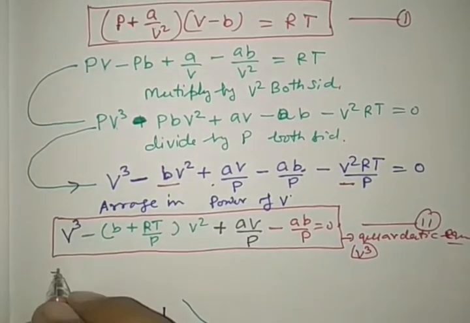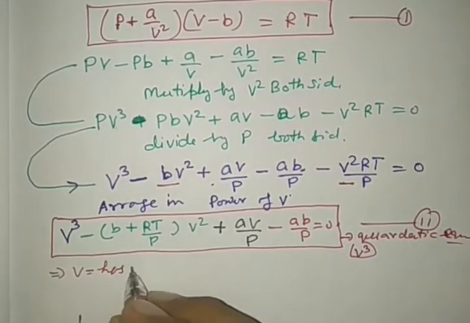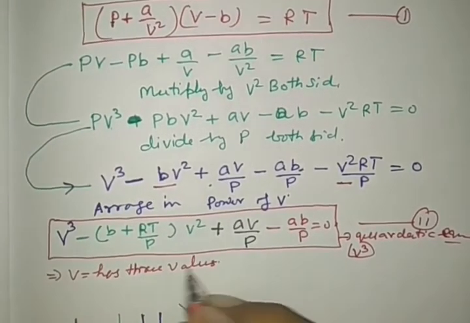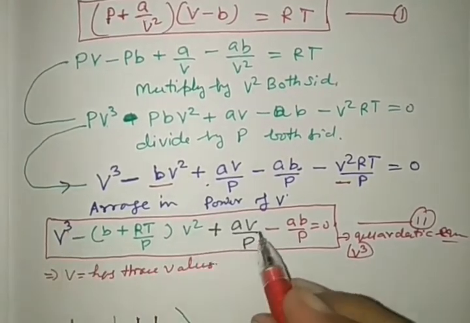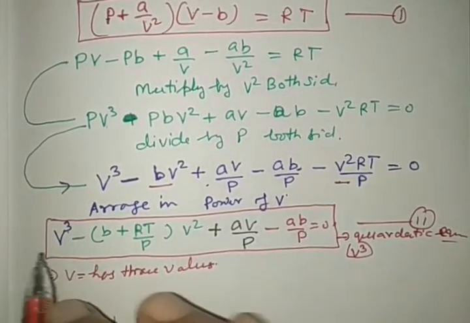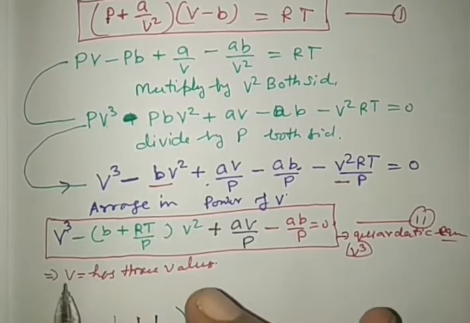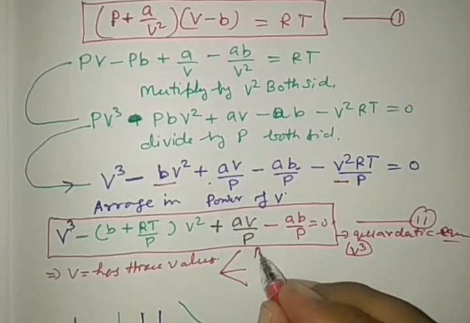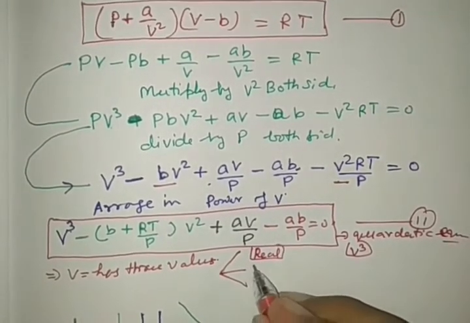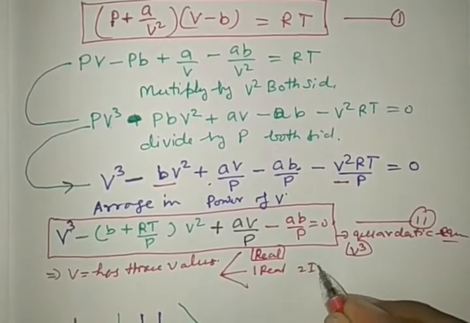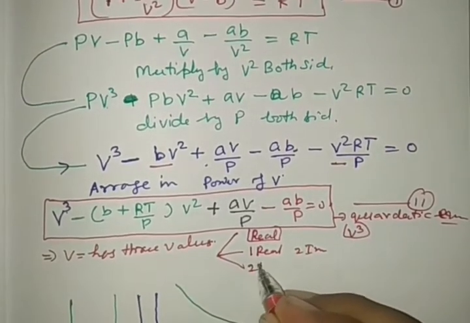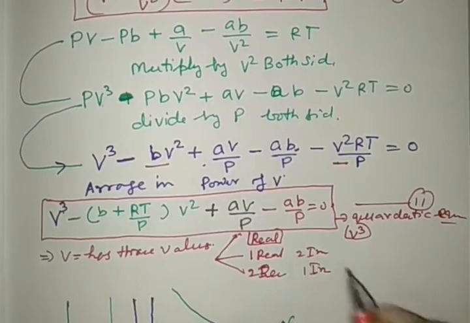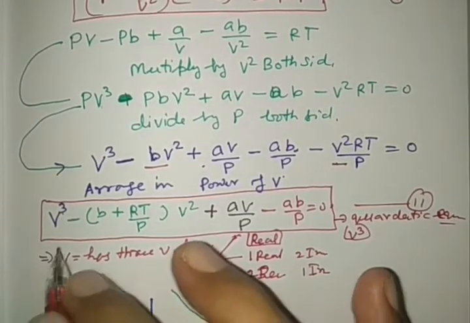So this shows that the volume has 3 values: V³, V², V and a constant. The 3 possibilities are: all 3 values real, 1 real and 2 imaginary, or 2 real and 1 imaginary.